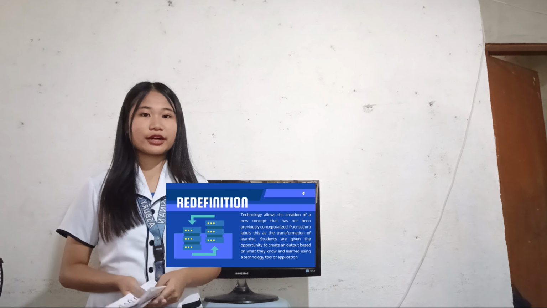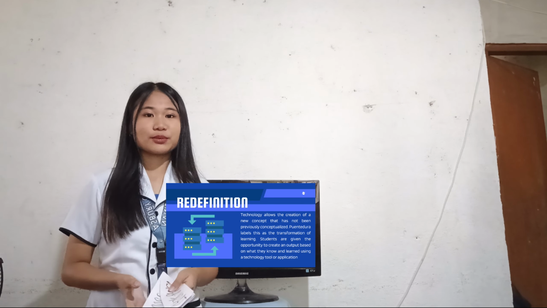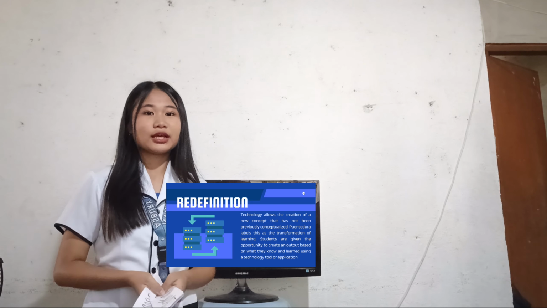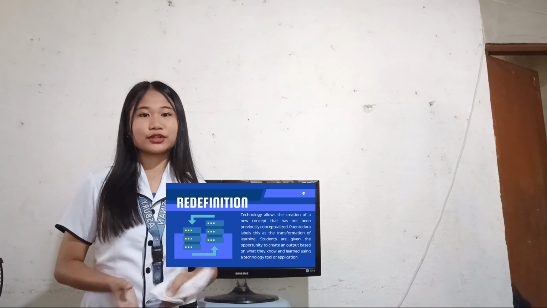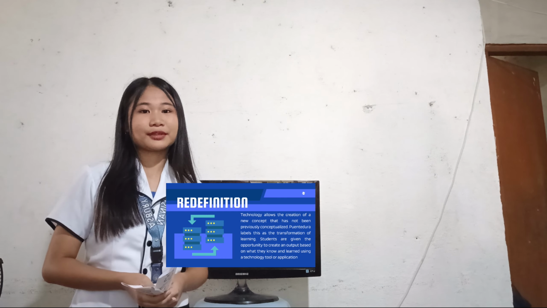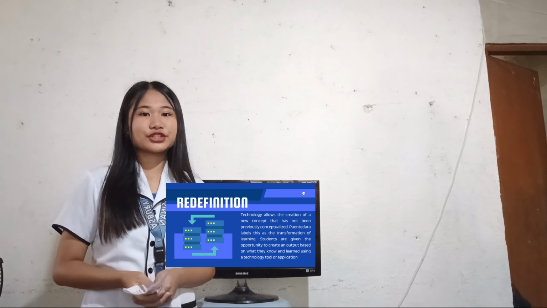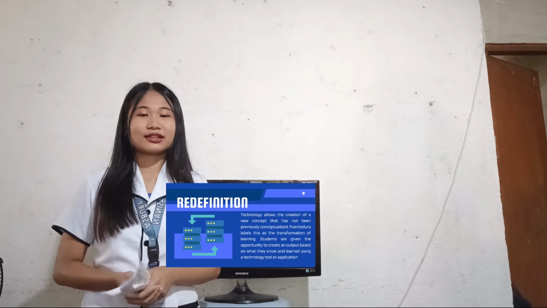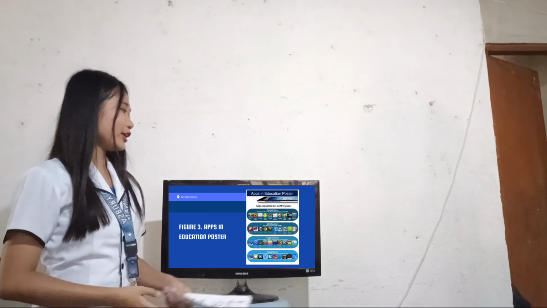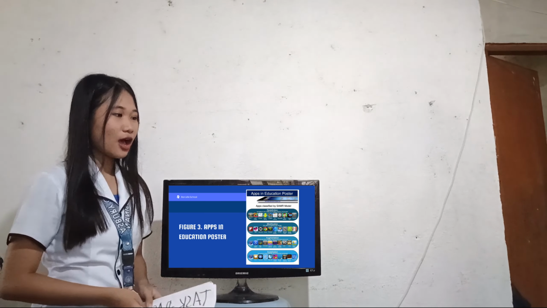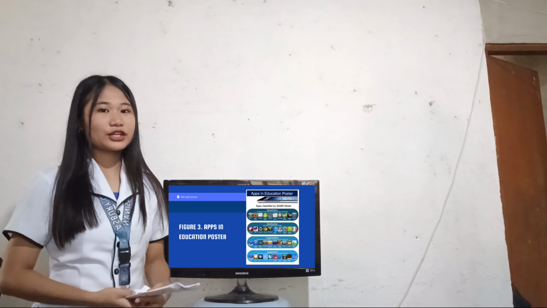Then using Google Earth, they can start arranging this to be shared through the World Wide Web. It would be good if, before the students upload their content, they ask a teacher to review it to be sure that it's ready to be shared. This figure shows an app in an educational poster.